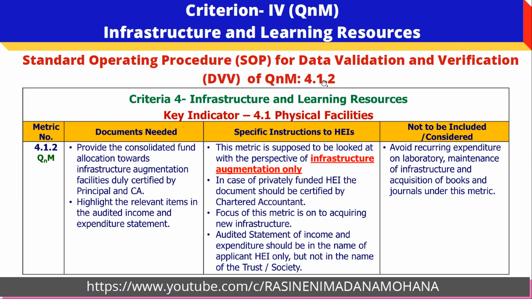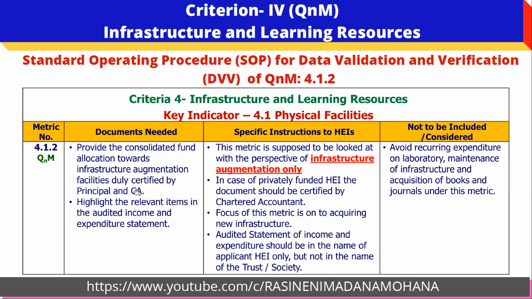Now for the 4.1.2 quantitative metric, what is the SOP? Documents needed: you have to provide the consolidated fund allocation towards infrastructure augmentation facilities, duly certified by the principal, head of the institution, and CA.